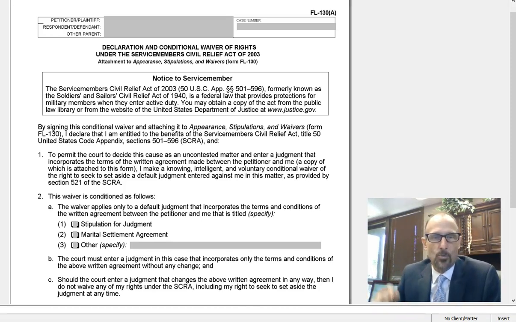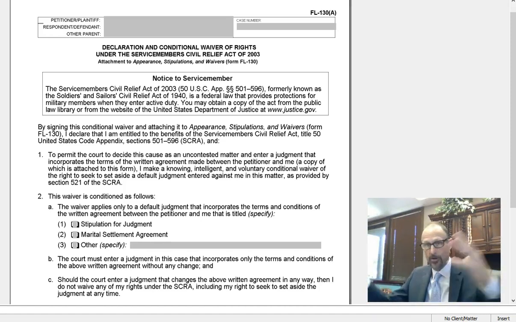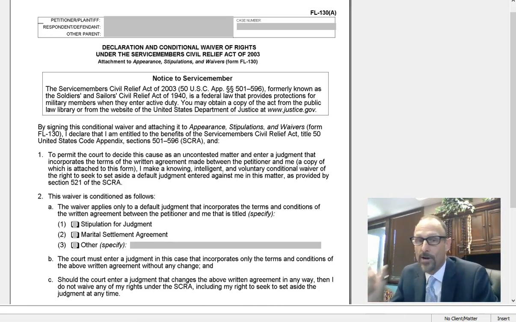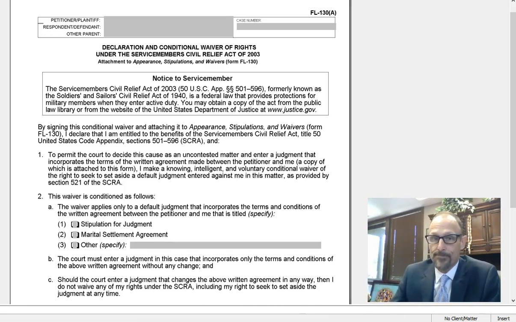And then number 1, to permit the court to decide this cause as an uncontested matter and enter a judgment that incorporates the terms of a written agreement, another written agreement that you've put together, and we'll talk about that, made between the petitioner and me, a copy of which is attached to this form.